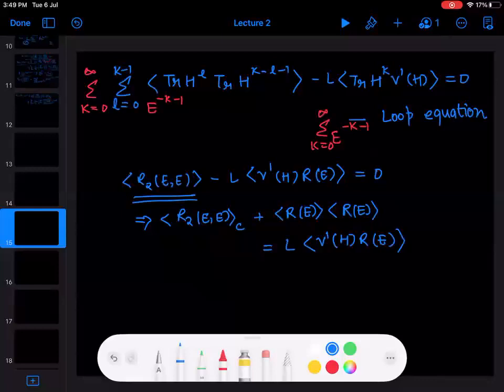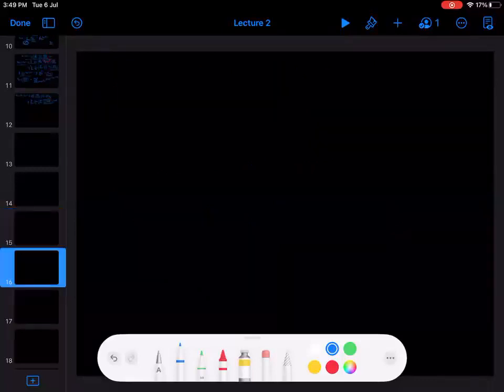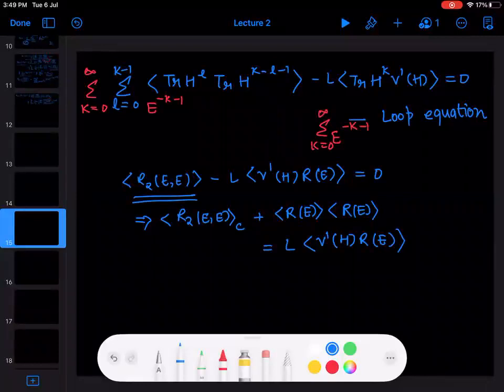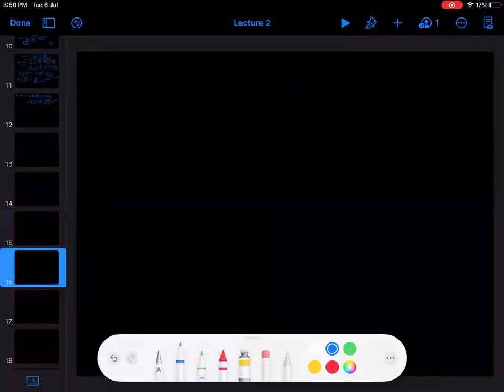Okay, so I'll just mention what other ways you can derive these equations. If you do not like this way of doing it, then you can just start with your partition function, make this change of variable, and choose your delta h to be 1 over (e minus h), and you will get the same equation.